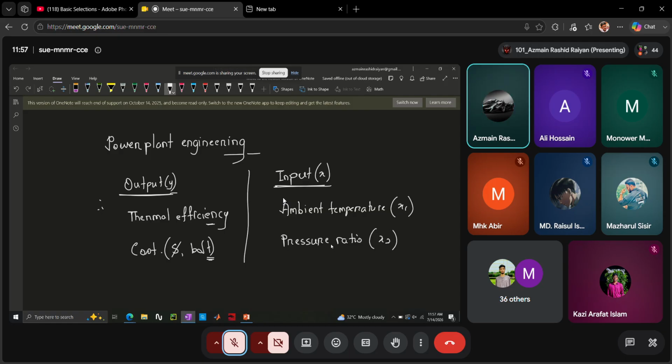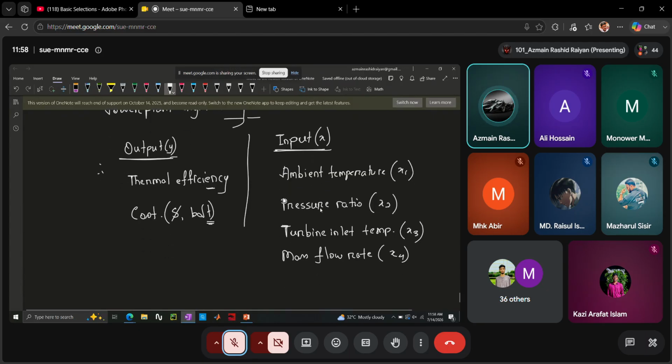Then let's say we have turbine inlet temperature, which can be written as X3. And let's say the mass flow rate, let's write it as X4. So we have 4 input parameters, while our power plant output parameters are thermal efficiency and, let's say, the cost. So these are my output parameters and these are my input parameters.